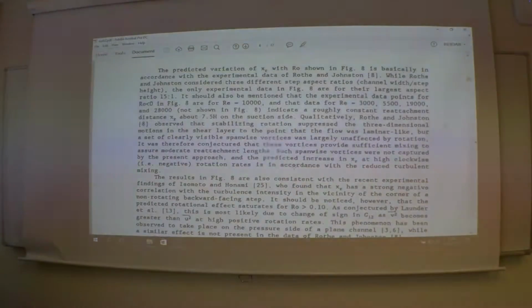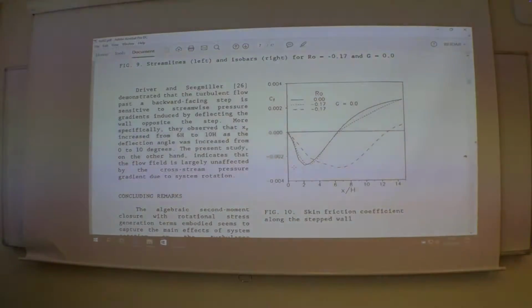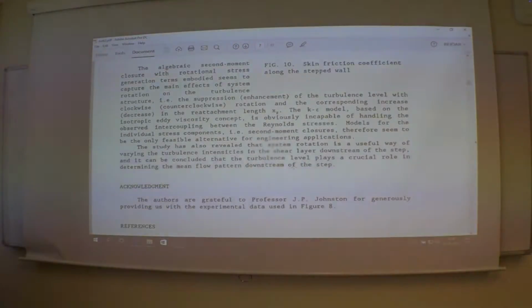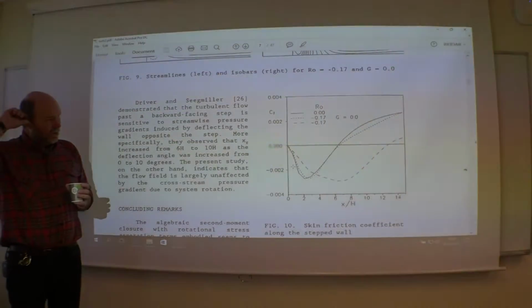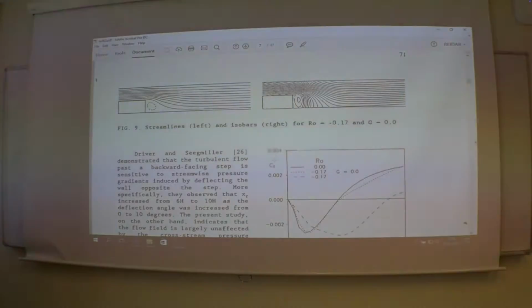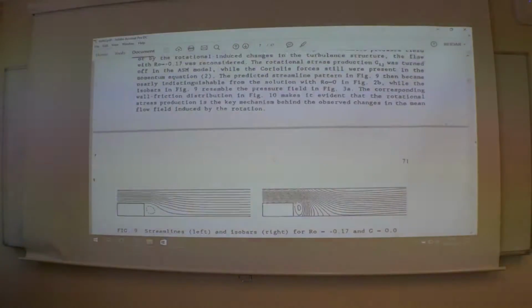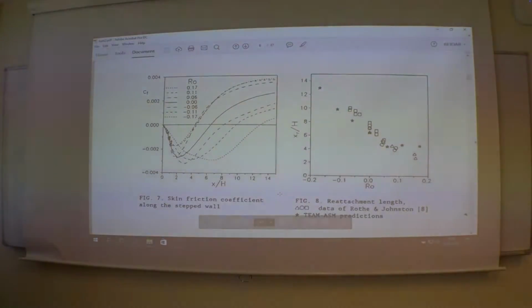No. He just shows the results directly from using the ASM. But I mean, the results from the K epsilon alone would be rather silly here. You won't even see the effect of the rotational numbers at all.